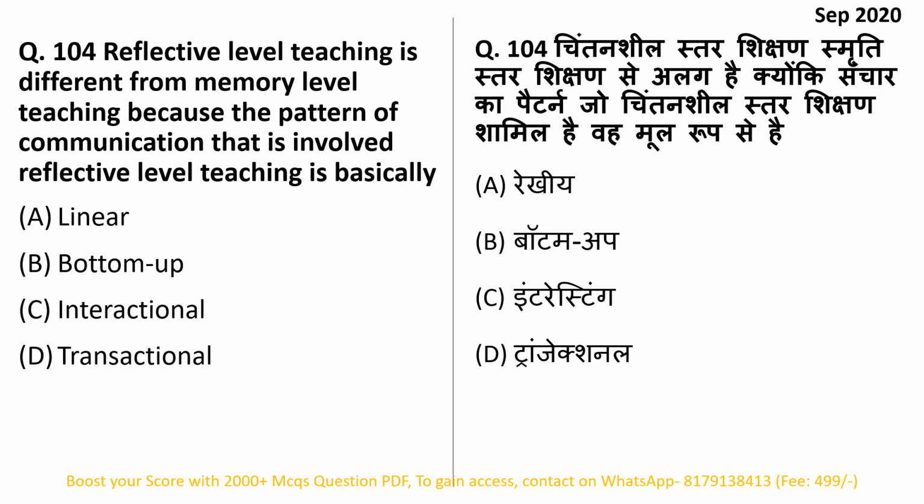Reflective level teaching is different from memory level teaching because of the pattern of communication that is involved. The right answer is transactional. So in reflective level, the teaching is transactional, means there is simultaneous or spontaneous feedback involved in reflective level teaching.